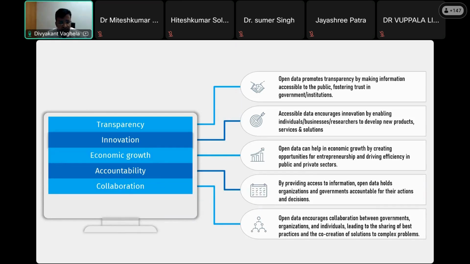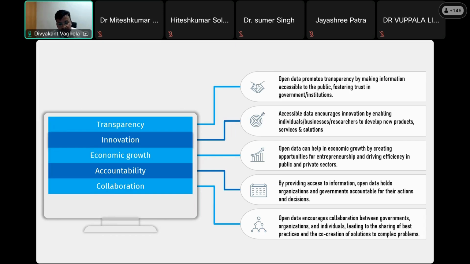It will also help in innovation. Accessible data encourages innovation by enabling individual researchers to develop new products, services, and solutions from existing data. It will also help in economic growth by creating opportunities for entrepreneurs and driving efficiency in the public and private sectors.